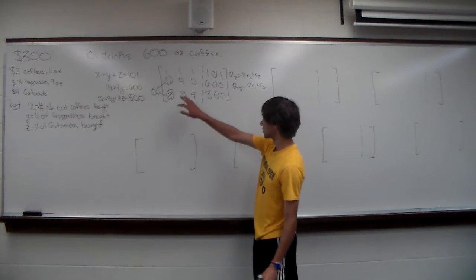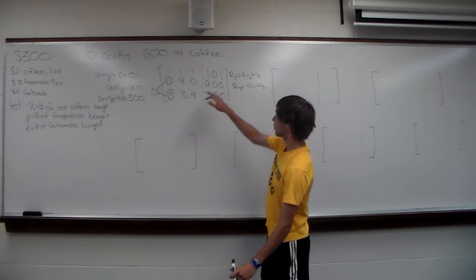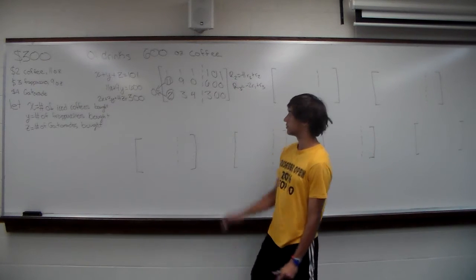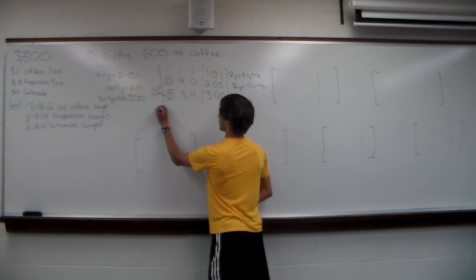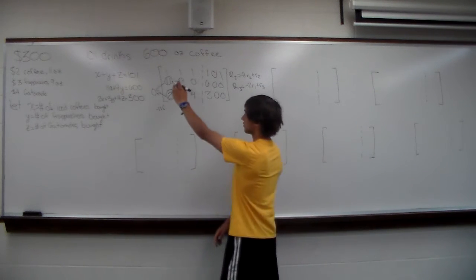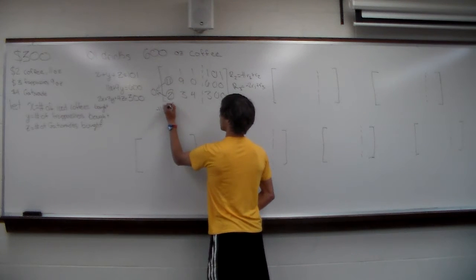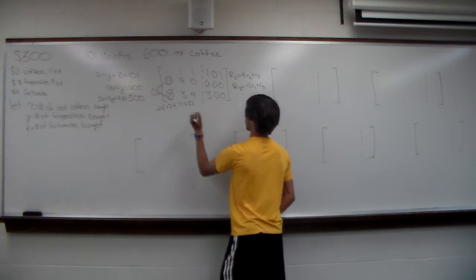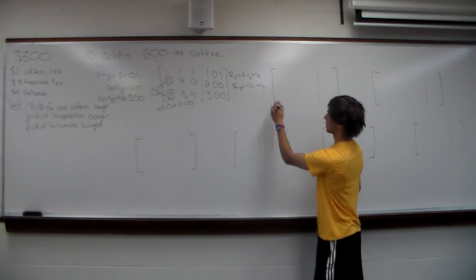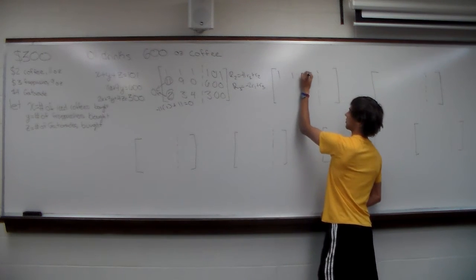So let's look closely at the first row operation with row 2. We're going to take negative 11 times our entry in row 1, so 1, plus the entry in row 2, so 11, and that's going to give us 0. So let's copy down the first row because that'll stay the same.